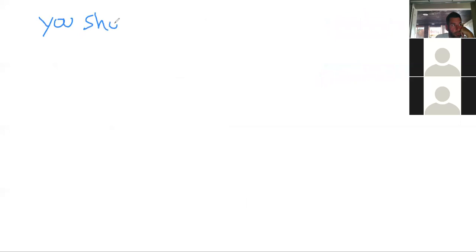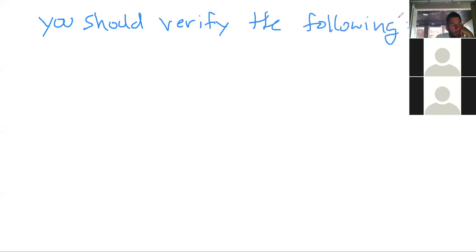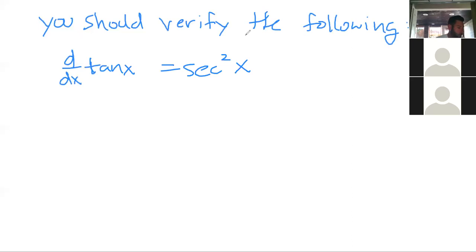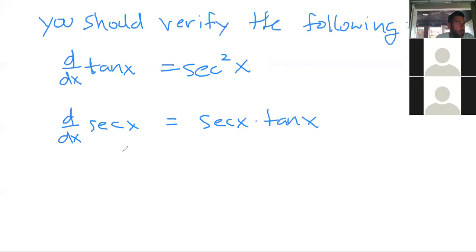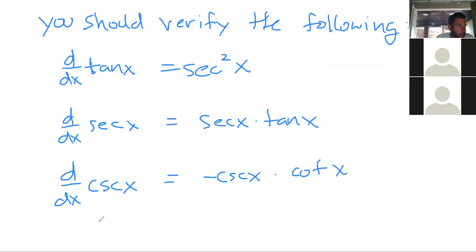What you should do is verify the following: that the derivative of tangent is secant squared; that the derivative of secant, although I think we did this in class, is secant x times tan x; that the derivative of cosecant is negative cosecant times cotangent; and last but not least, that the derivative of cotangent is negative cosecant squared.